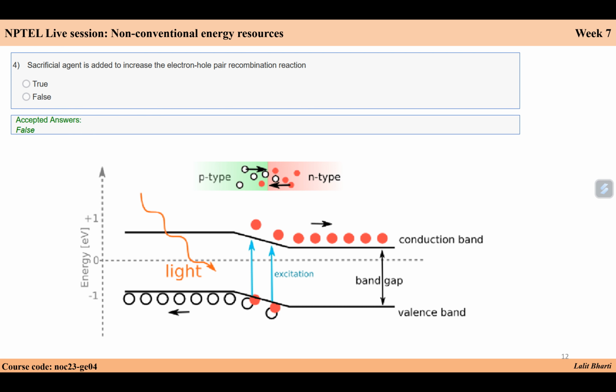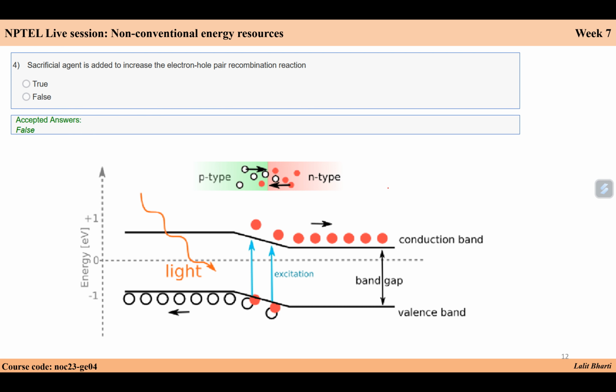The next question is: sacrificial agents are added to increase the electron hole pair recombination. So basically sacrificial agents, by the name we can understand, sacrifice themselves.